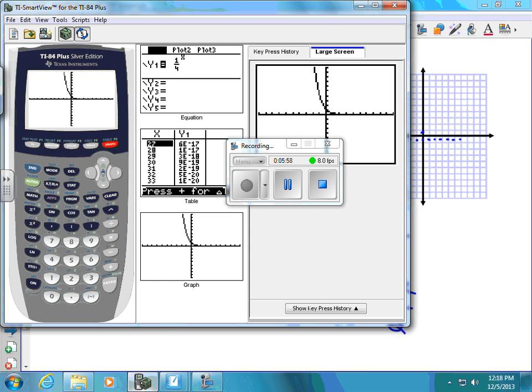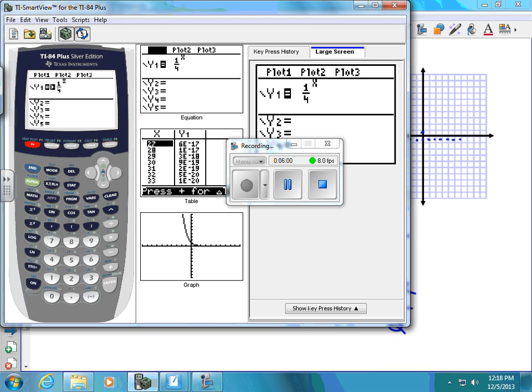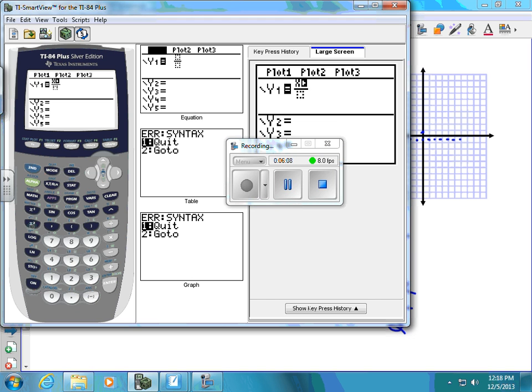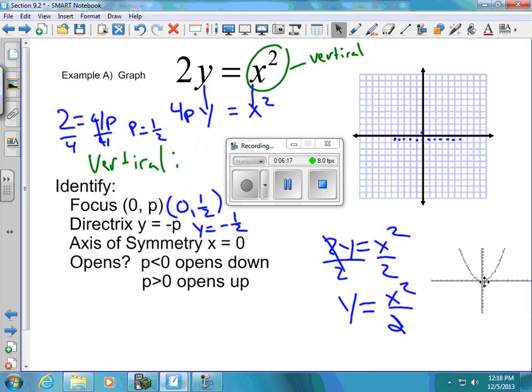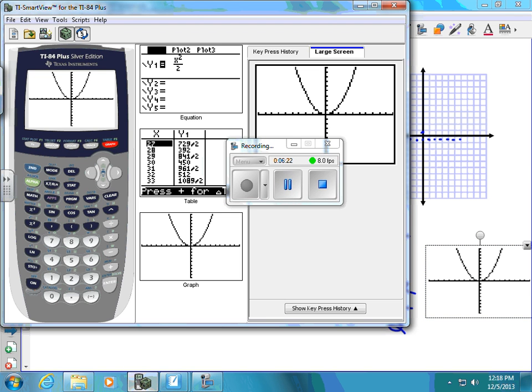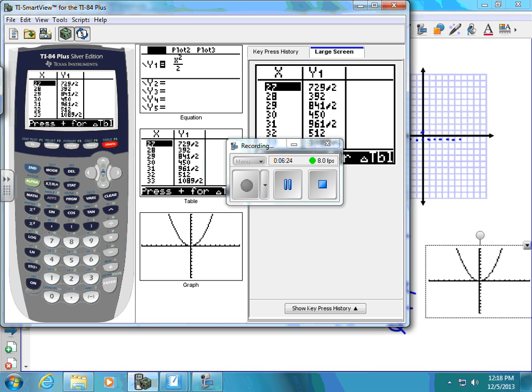Let's make it a fraction here, which is a little easier on us: y equals x squared over 2. And we can graph it. We can also do it by hand. Let's get some table values, and we'll get close to 0 here.